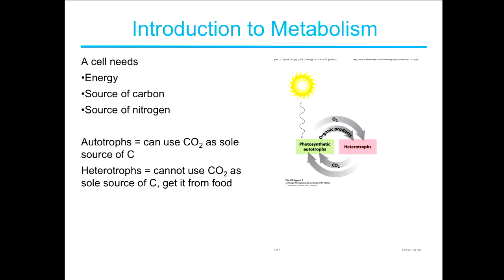So let's go through a few definitions. Autotrophs are organisms that can get all the carbon they need from carbon dioxide. The carbon dioxide floating around in our air, causing our global climate change and everything. Autotrophs can suck up that carbon dioxide and make other molecules with it, like maybe acetate or sucrose or fructose. So that's not us, unfortunately. We can't do that, but certain other organisms can.